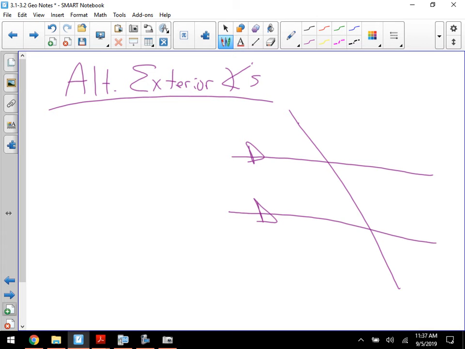These are angles on opposite sides of the transversal on the outside.